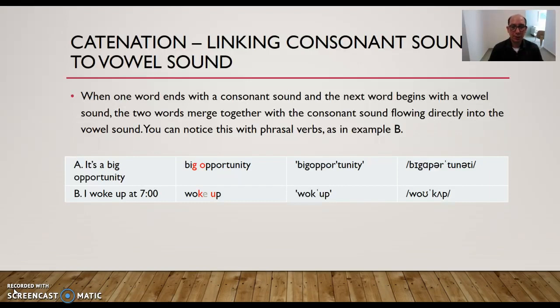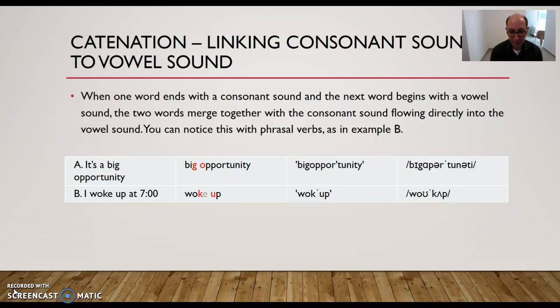These two we merge to make one word, "big opportunity." You don't have to speak fast, you just have to pronounce "big O," "big opportunity." So instead of saying "it's a big opportunity," you merge these two words into one. And on the right, we have the IPA pronunciation.